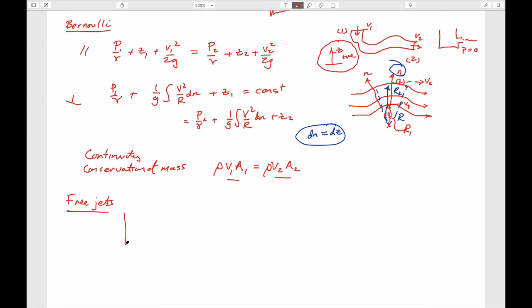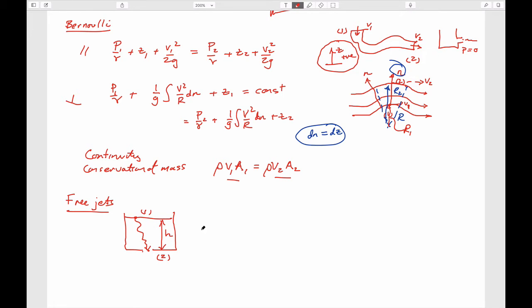The example I think we looked at was something like this. And you know that to use Bernoulli, the idea is just to have a streamline that goes from an upstream to a downstream location.